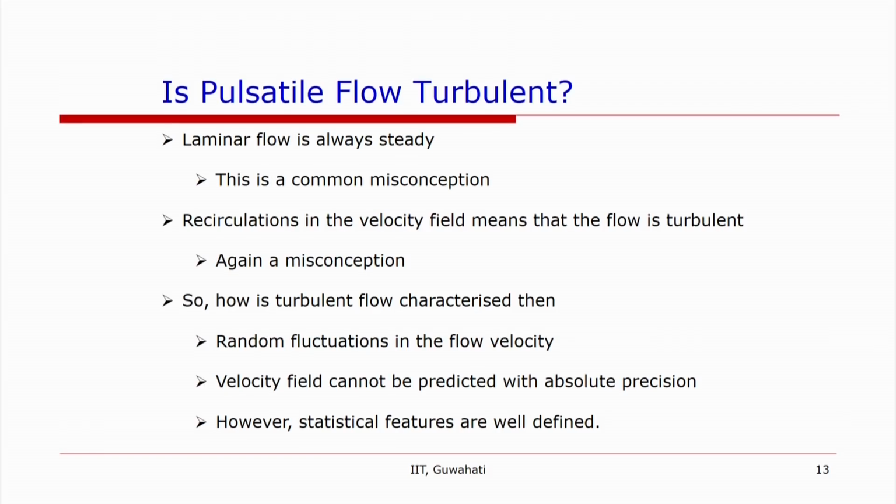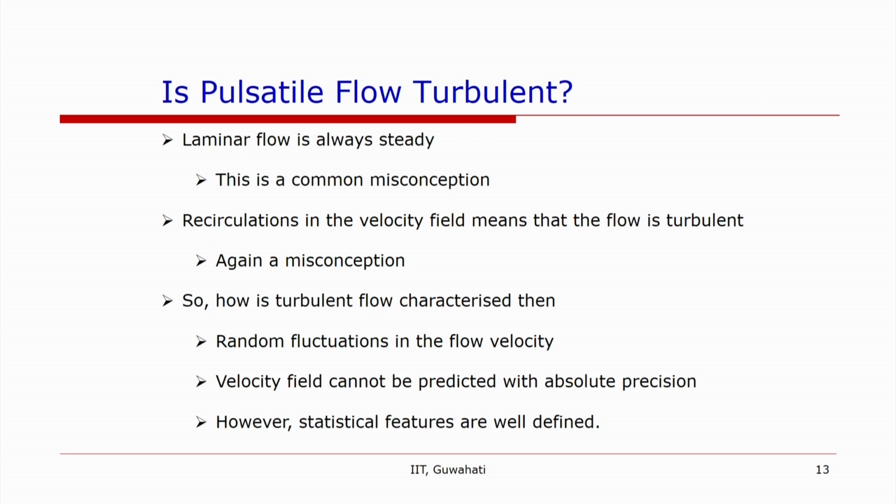Turbulence has eddies of different length scales, starting from a very small scale, what we call the Kolmogorov length scale, to the largest possible length scale in the system. However, just the presence of eddies does not mean that the flow is turbulent. So the question comes, how can one determine that the flow is turbulent?